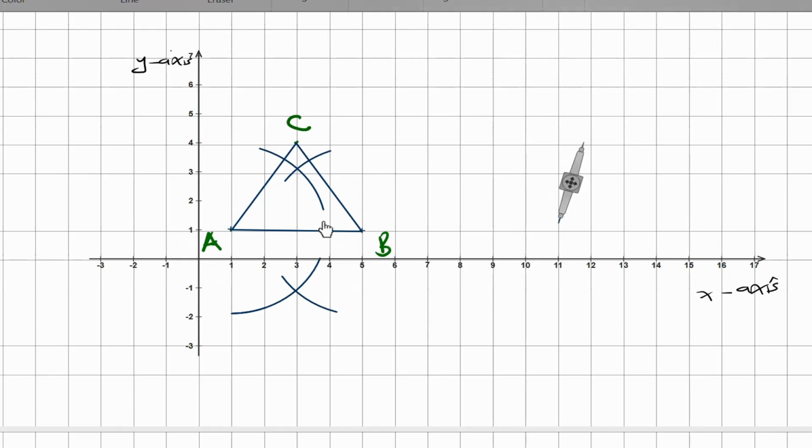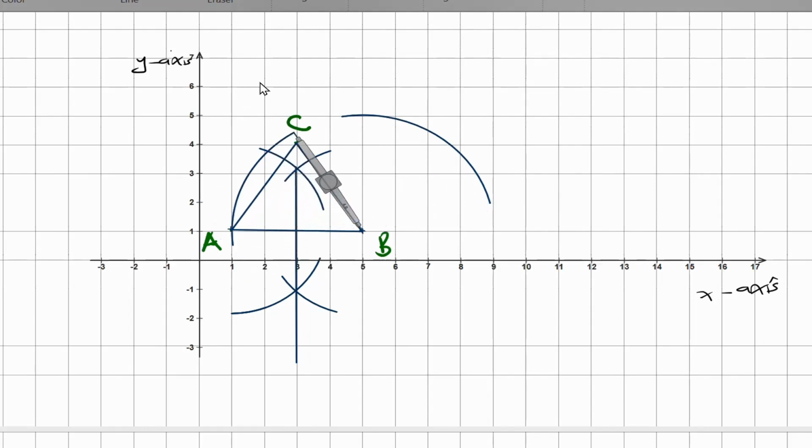Where the two arcs meet, I'm going to join using a straight line. Also, I'm going to bisect the other side. Put the compass there. I'm going to make an arc this side, and also I make an arc that side.